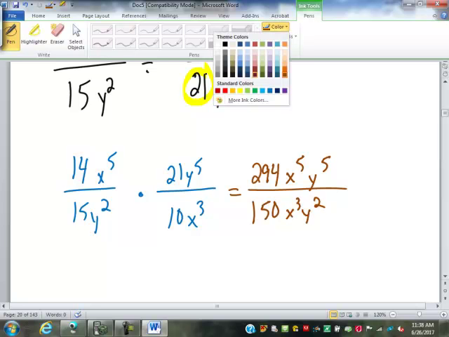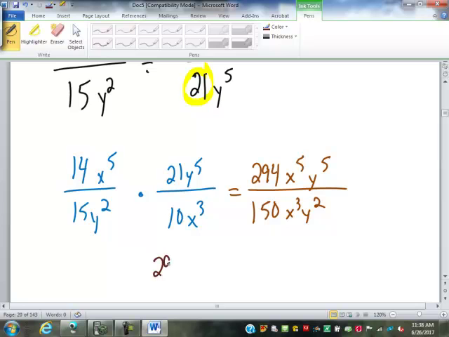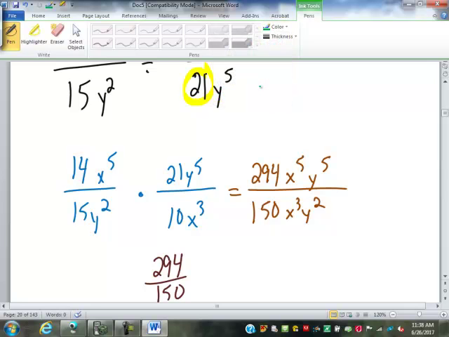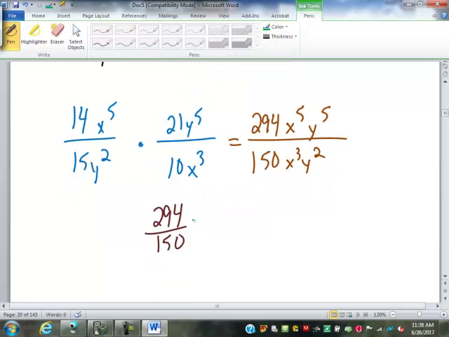And now we do have to reduce. The 294 over 150, both of those can divide by, well, not 10, not 5, but they can divide by 2. So what is that? 147 over 75.